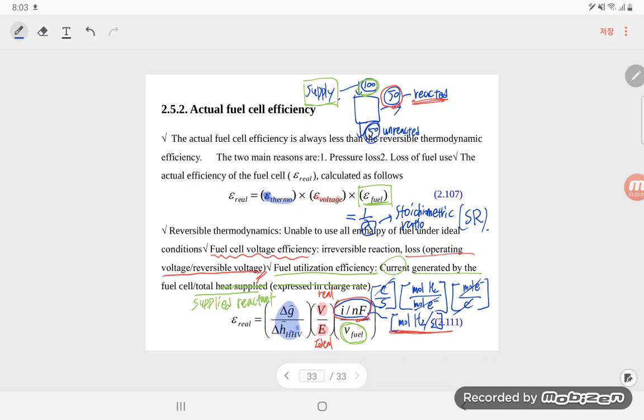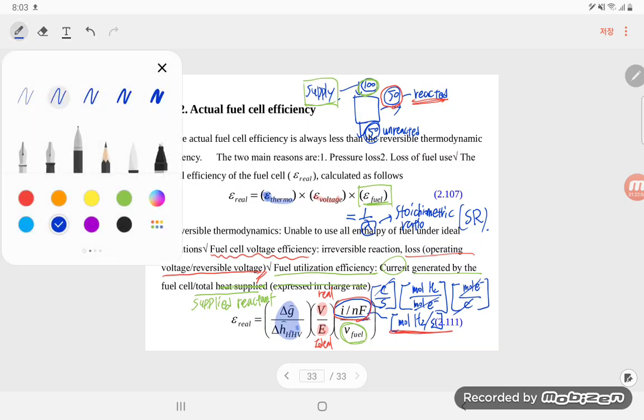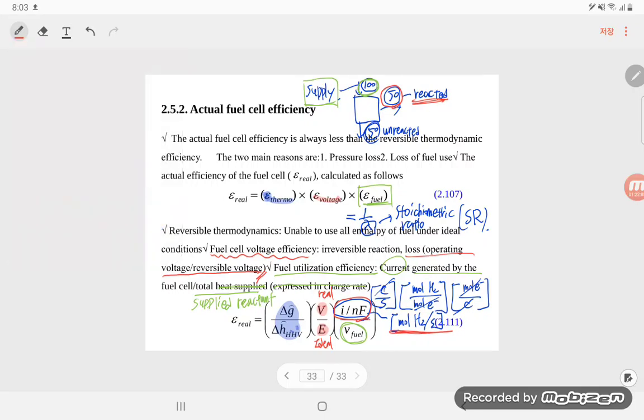Then epsilon fuel is expressed as 50 over 100, that means 0.5, half, right? And the stoichiometric ratio is the reverse, so it is 2.